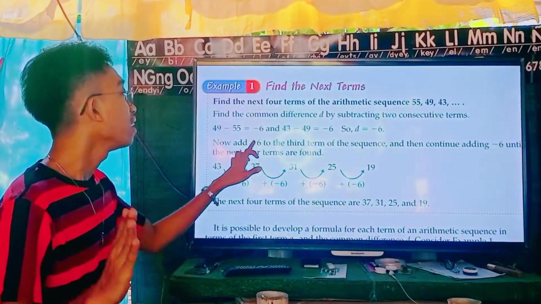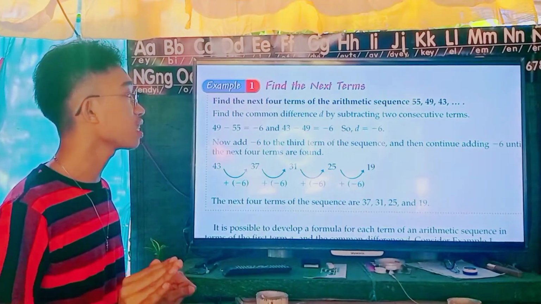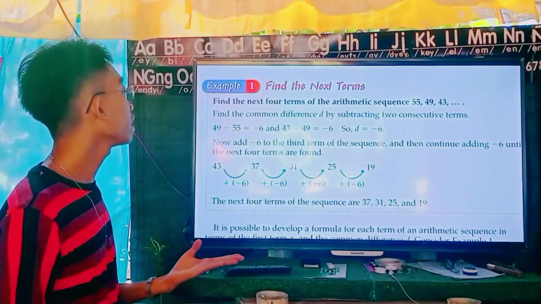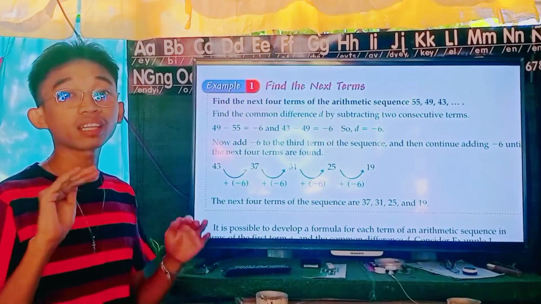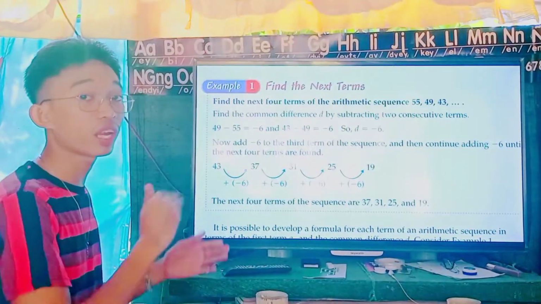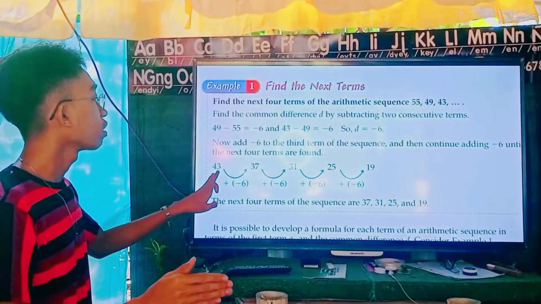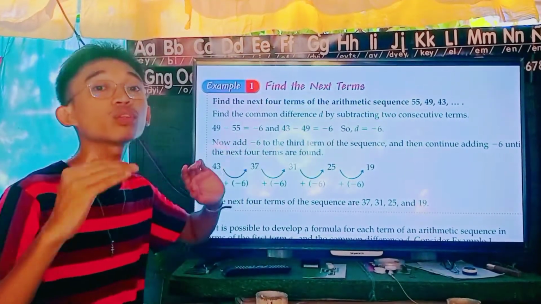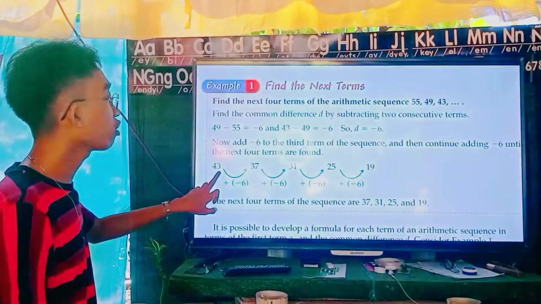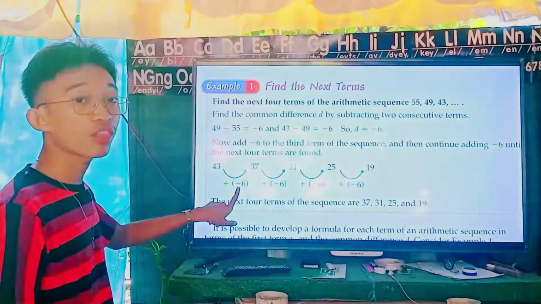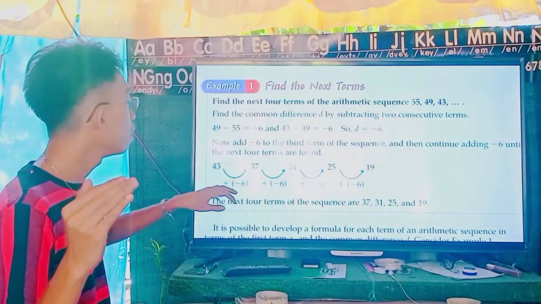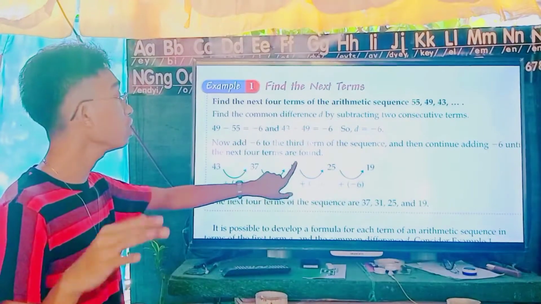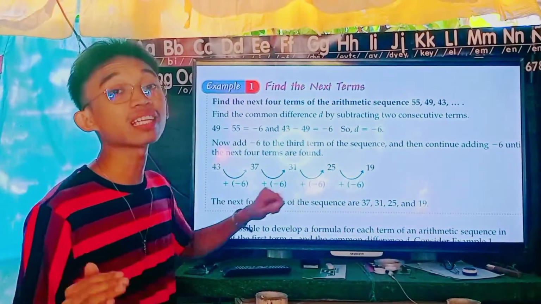Now add negative 6 to the third term of the sequence and then continue adding negative 6 until the next four terms are found. Since the last term here is 43, we add negative 6 to it. 43 plus negative 6 is 37. 37 plus negative 6 is 31. 31 plus negative 6 is 25.